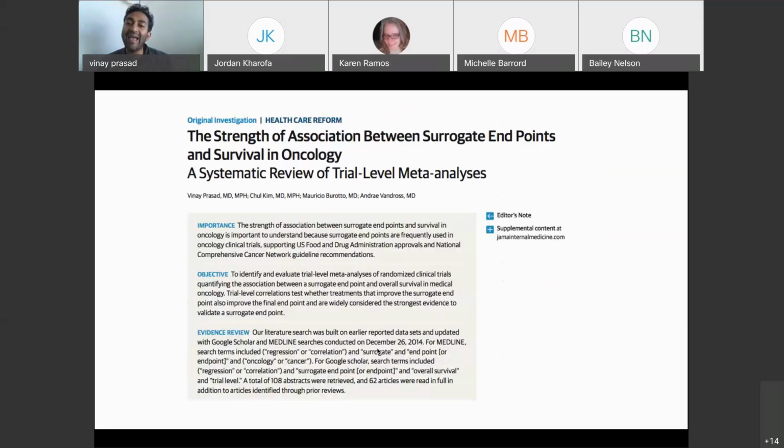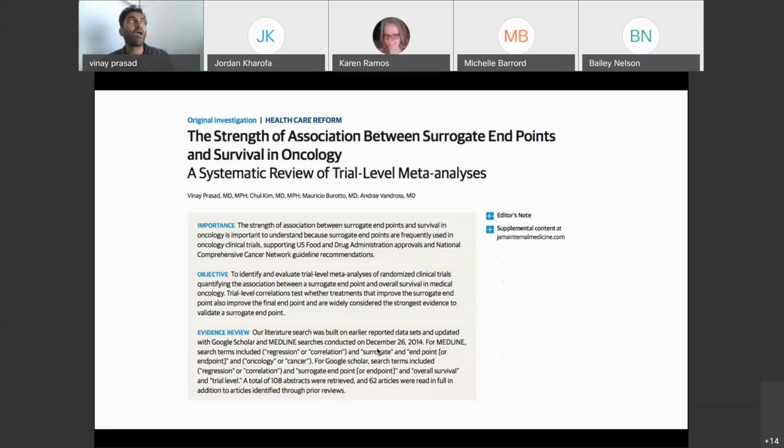Well, that only validates MRD as a prognostic marker. To validate it as a surrogate, you have to ask this question. In randomized trials of drugs that seek a regulatory approval, do drugs that improve the fraction of patients that achieve MRD later improve the overall survival amongst those patients in a randomized setting? It is an entirely different question.